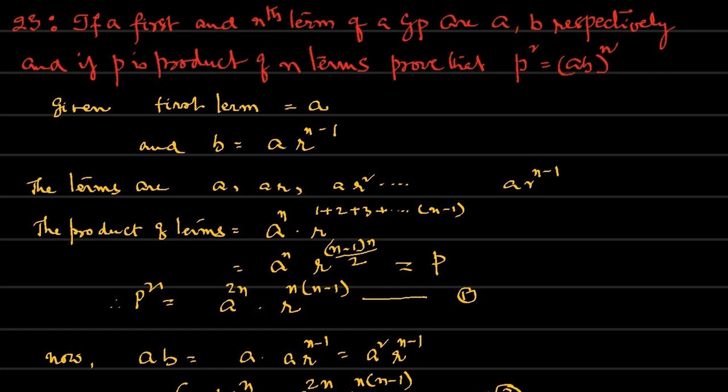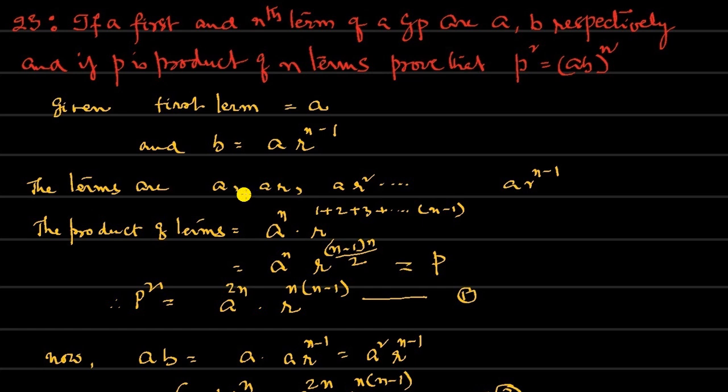Given first term is a and b is the nth term, a times r power n minus 1. So the terms will be like this: a, ar, ar square, up to ar power n minus 1. Now, what is the product? a times a up to n times, a power n.